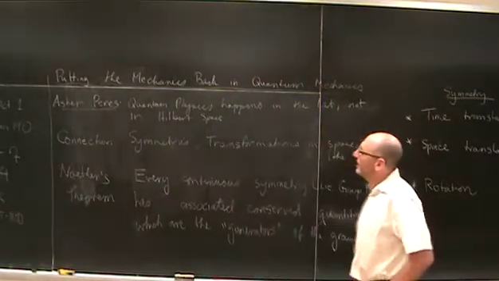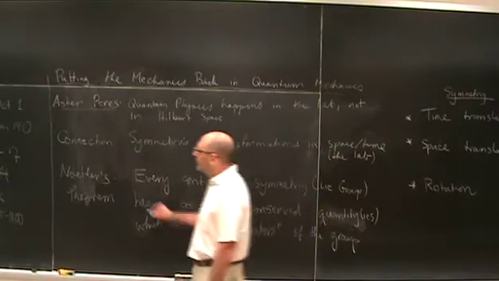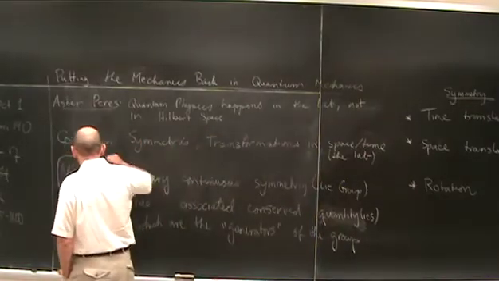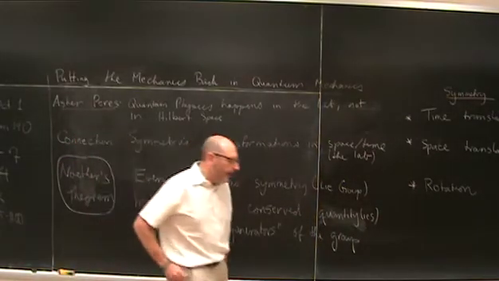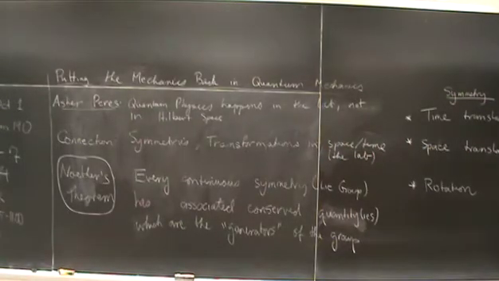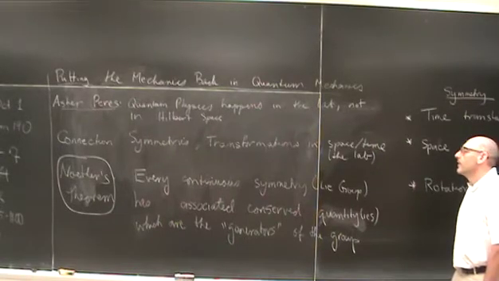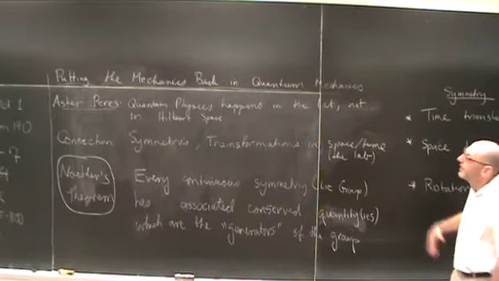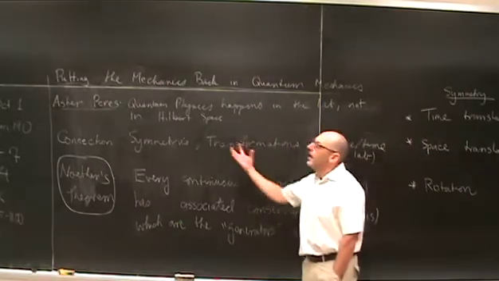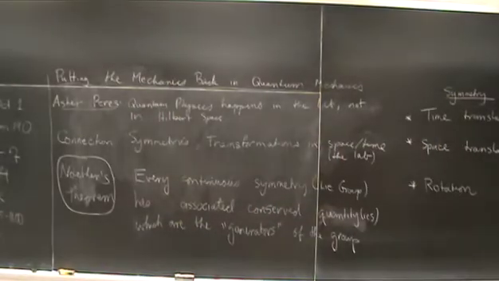And I think the best way to think about it is based on Noether's theorem. Noether derived this theorem from Lagrangian mechanics, but it follows generally in all of physics that if we want to think about space and time, we want to think about the symmetries of space and time.